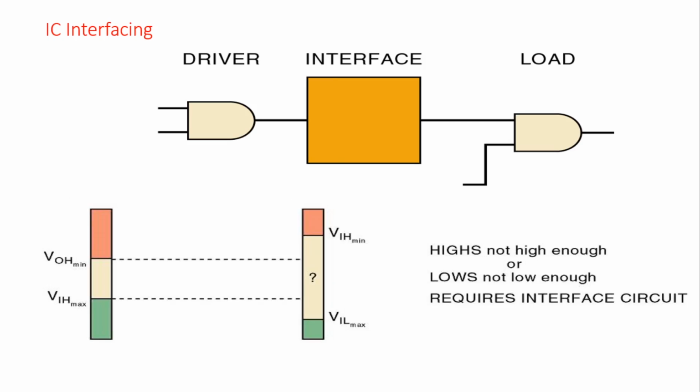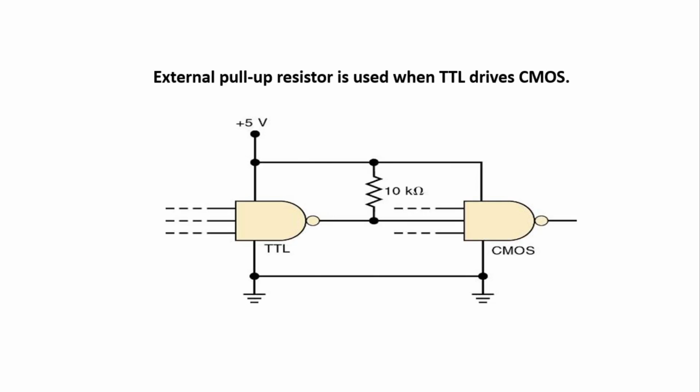This is another representation of IC interfacing. Here the driver is interfaced with the load. The same diagram as seen in the last slide is represented in a different fashion. An external pull-up resistor is used when TTL drives CMOS.